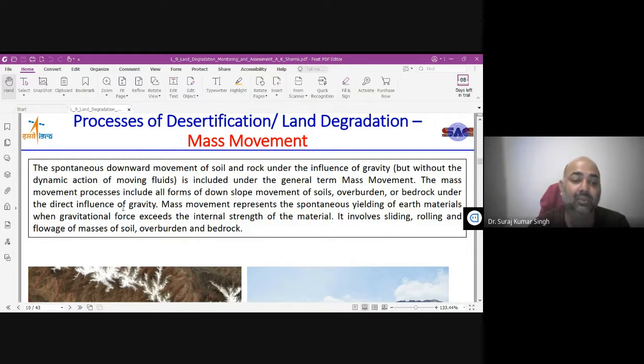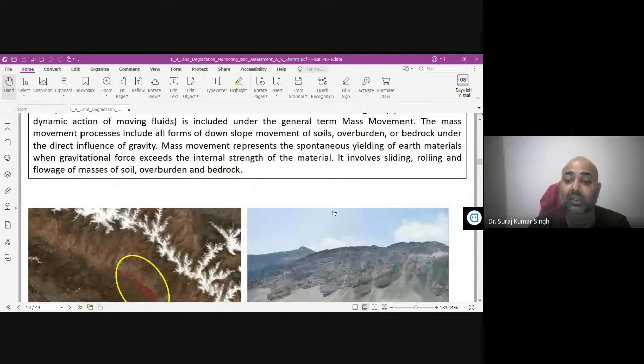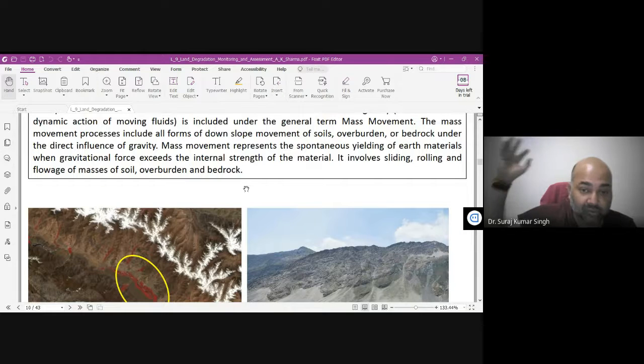Mass movement includes all forms of downslide movement of the soil, overburden, and bedrock under the direct influence of gravity. Under the direct influence of gravity means the entire mass of the land can come downward because of its overweight, and it will go on without any kind of liquefaction or any other factor.